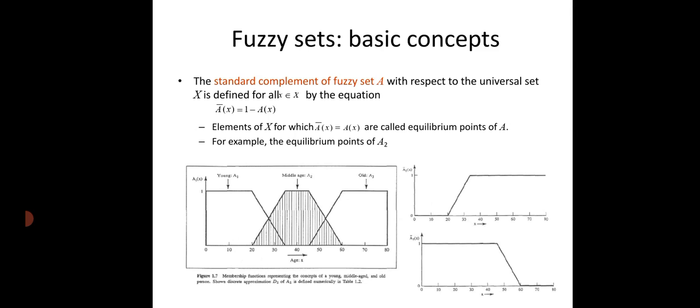The general complement is the universal set minus the particular set, but here it is 1 minus the particular set. The standard complement of a fuzzy set A with respect to the universal set X is defined for all x belonging to X by the equation A complement of x equals 1 minus A of x. You can see the complement clearly in this picture.